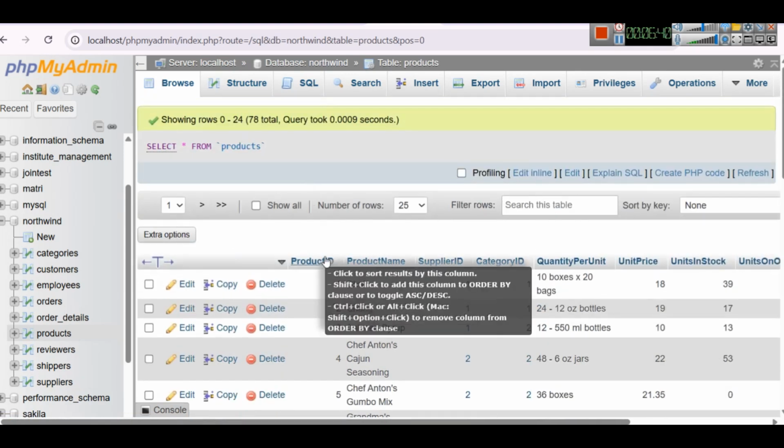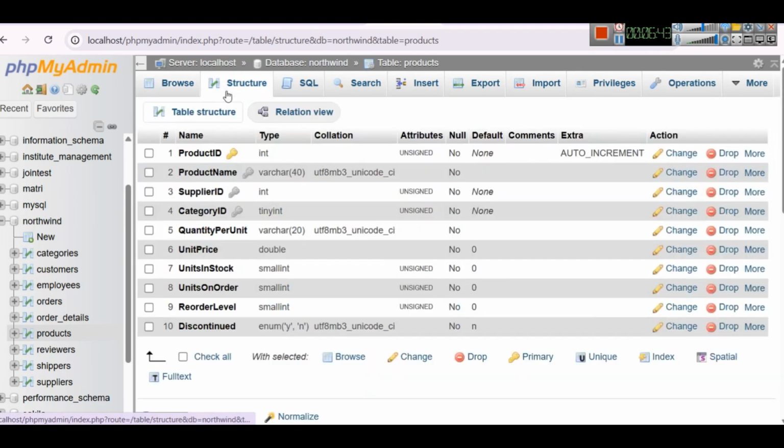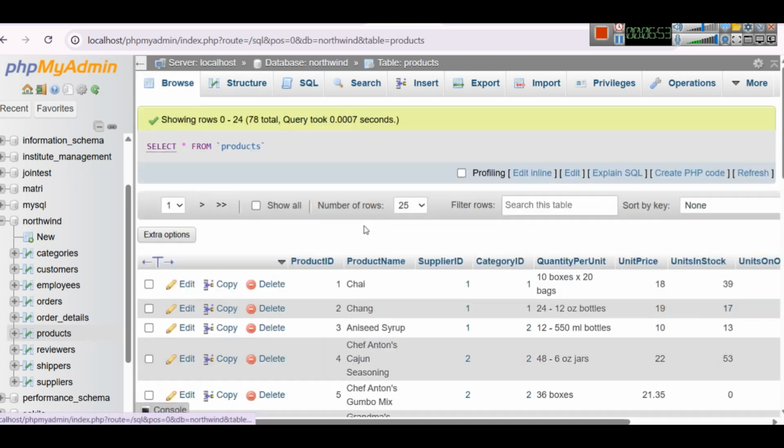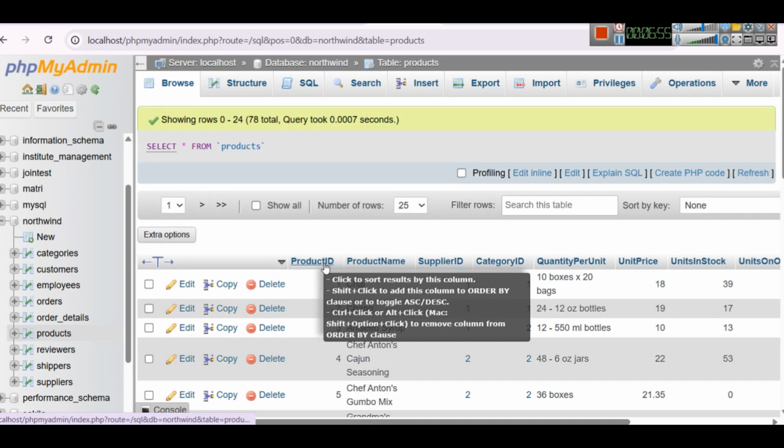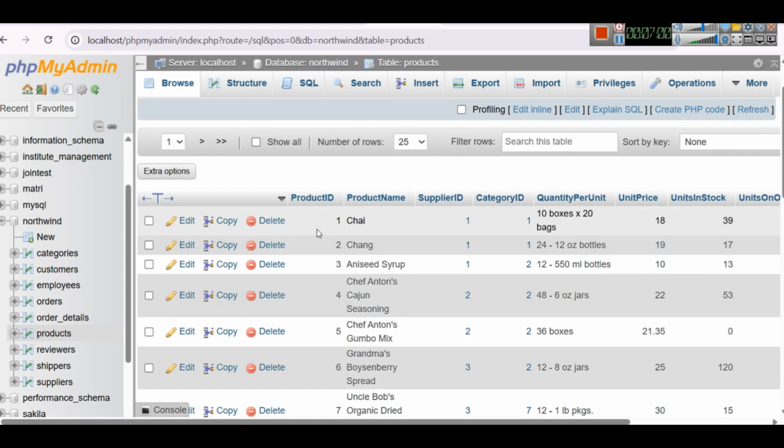This product ID is the primary key. What is a primary key? A primary key is the unique identity of a record in a table. So for every product we have a unique ID.